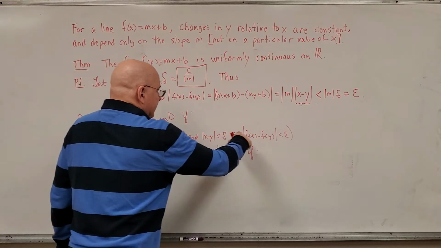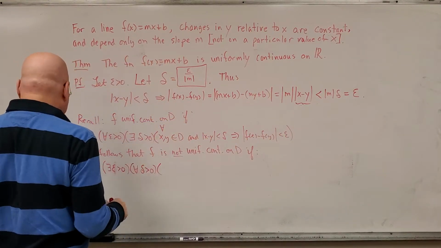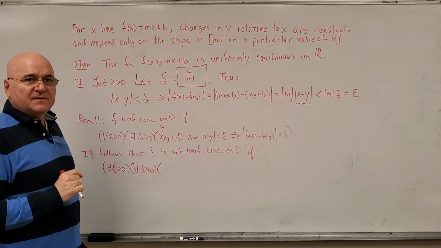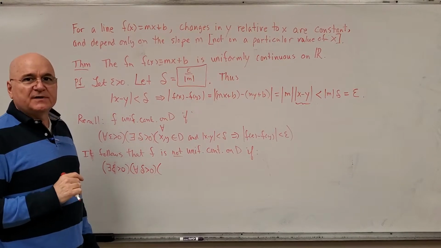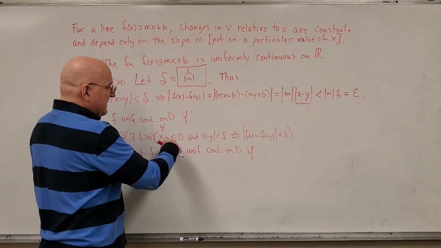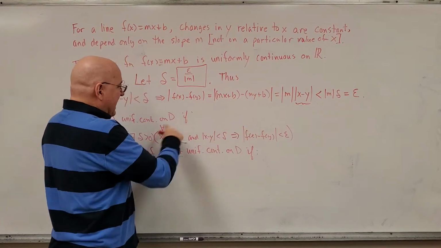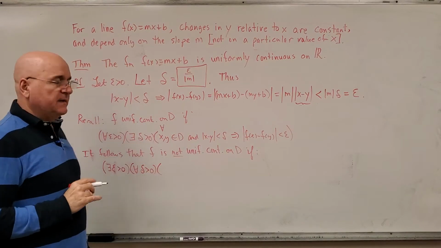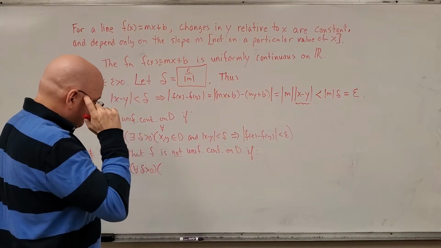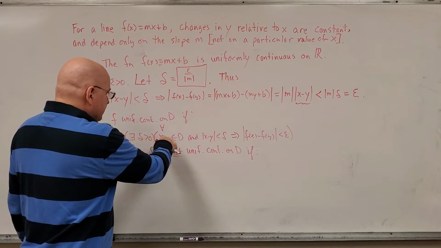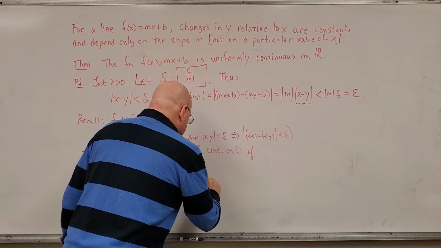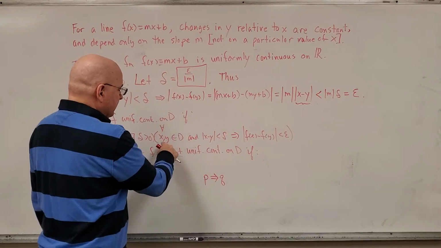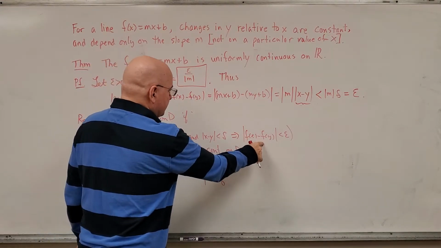and now I need to negate all of this. I put that "for every" up there to make it easier for us. This says for every x, if this is true, that's true. I've got to find an x and a y in the domain where that's false. Before I write that, notice that this in parentheses is like P implies Q. If this is true, then this is true.